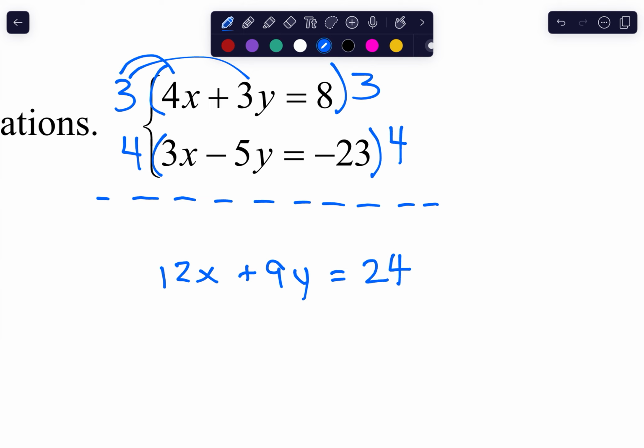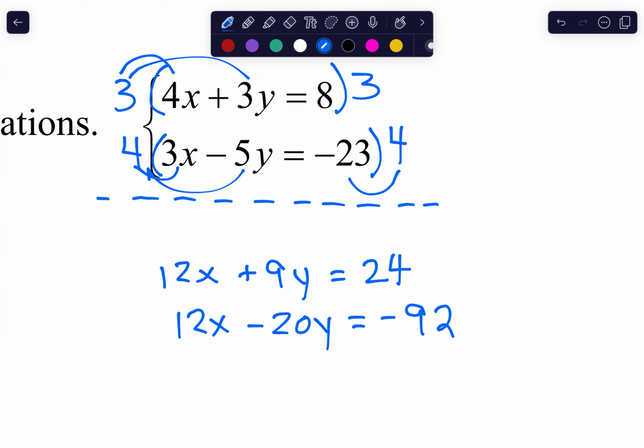And in my denominator, I'm going to get a 12x, a minus 20y, and then negative 23 times 4 is negative 92. Okay, don't forget, use your calculator.